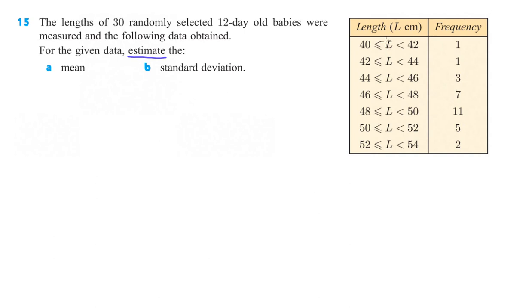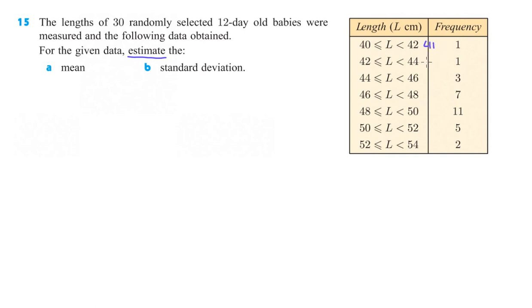Okay, so here's the deal. With there being between 40 and 42, we don't know how many were at 40, how many were at 41, how many were at 42. So what we just assume here is that all of these are right in the middle. So halfway between 40 and 42 is going to be 41.